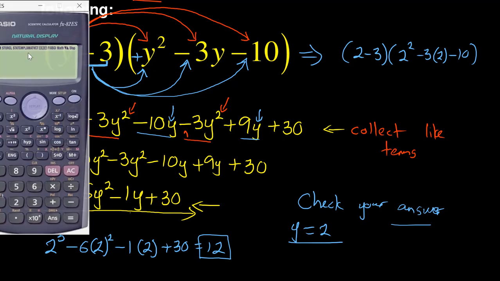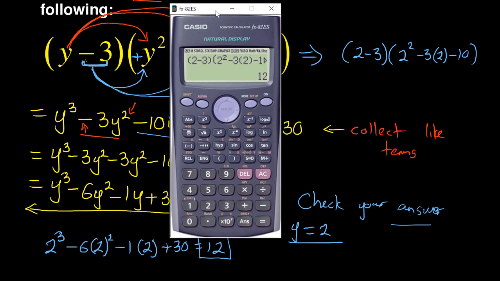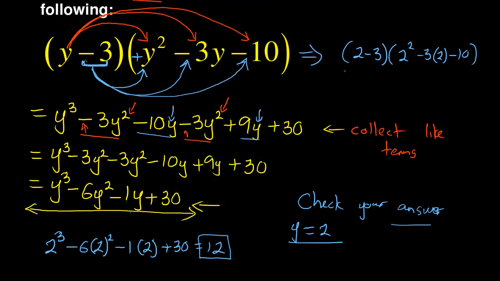Again, I use my calculator. So I will have 2 minus 3, close the bracket, open the bracket again, 2 squared minus 2 minus 10, and then close the bracket, and you see the answer that I'm getting is 12. So in this case, this is equal to 12.